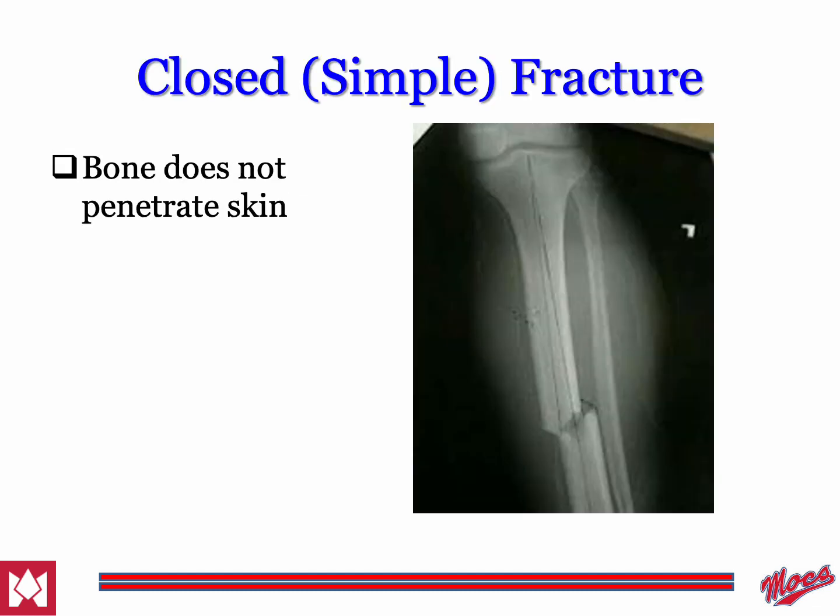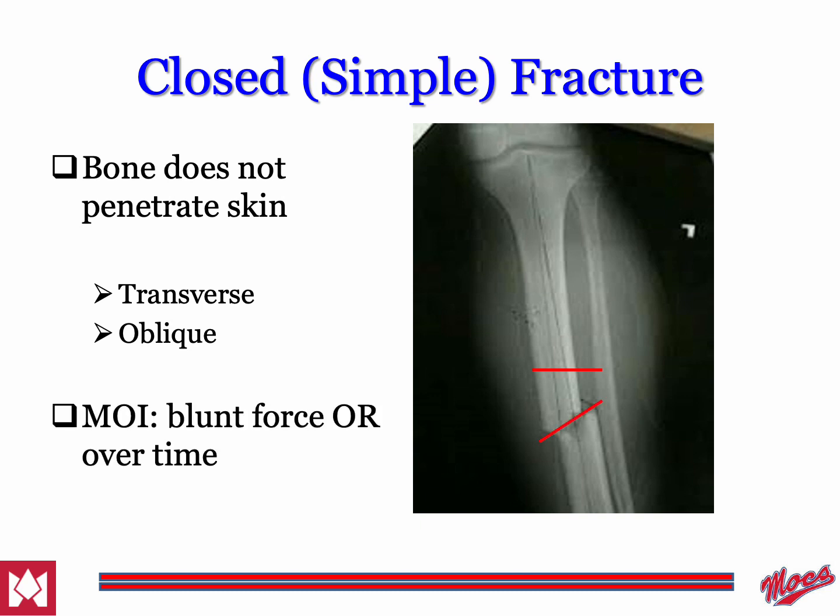So, looking at closed or what's called a simple fracture first, this is simply a fracture in which the bone does not penetrate the skin. So it can be transverse, straight across or 90 degrees to that long axis of the bone, or it can be what's called oblique, where it's kind of at an angle going across that long axis.